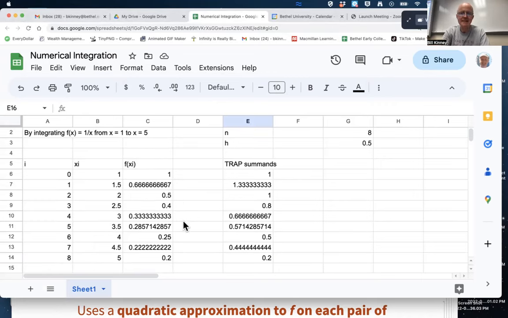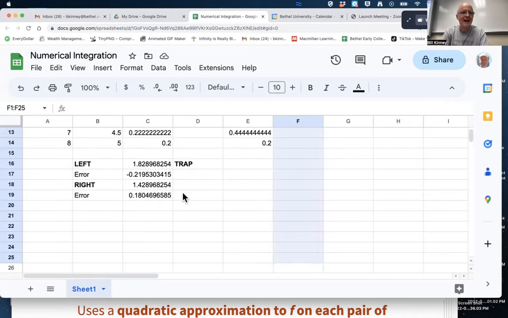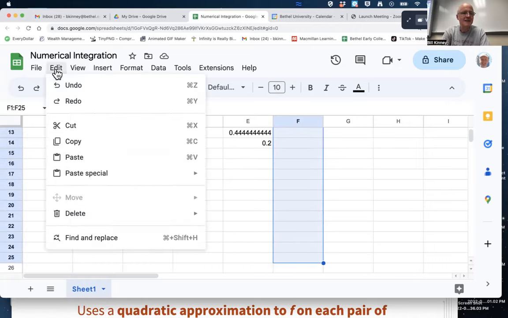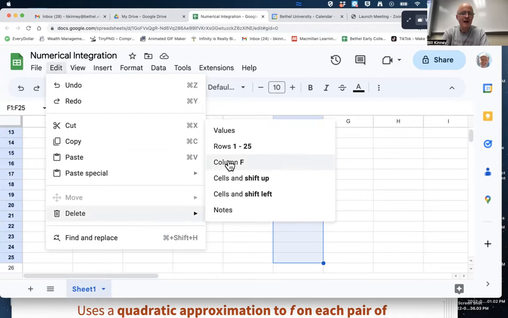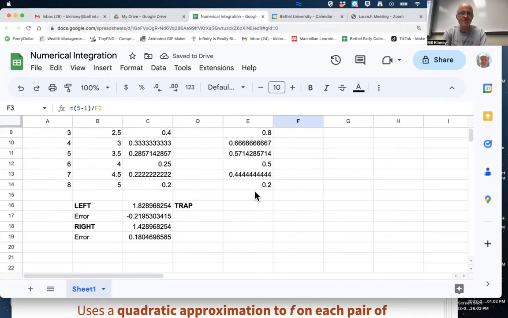So h again is in cell, well, now it's in cell G. Maybe I want to delete this column. Delete column. Okay, now h is in cell F3.